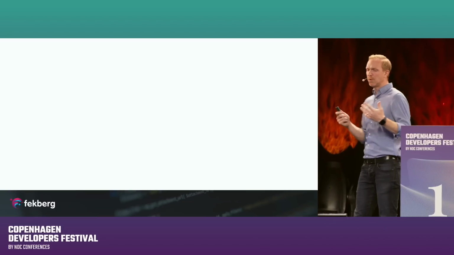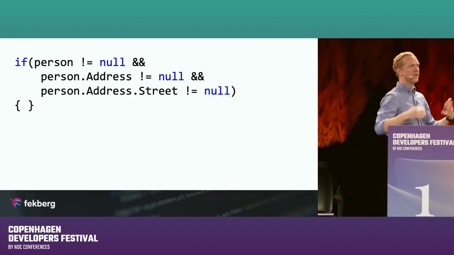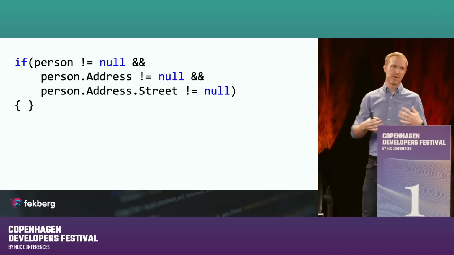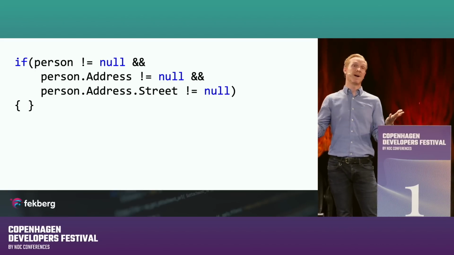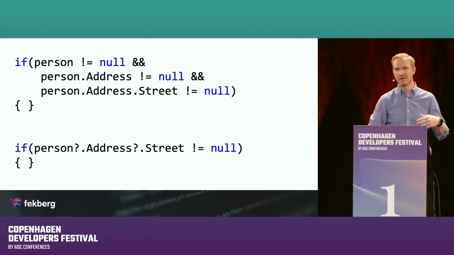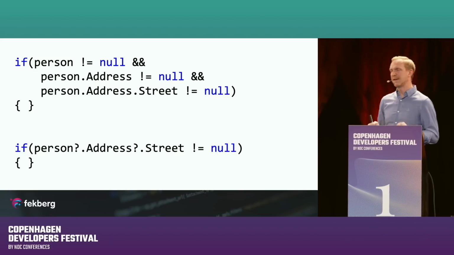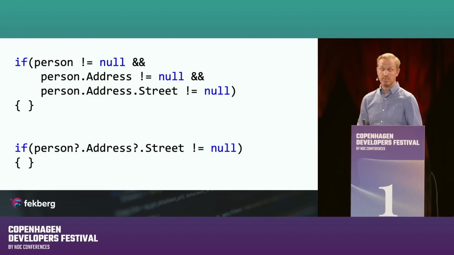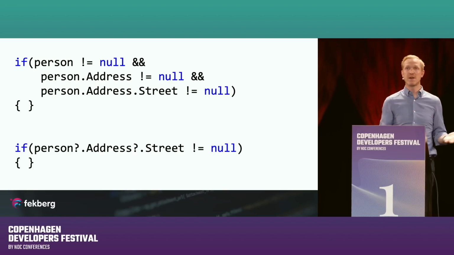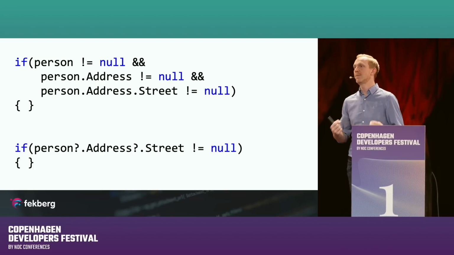So of course, this here isn't a big problem. I can null check. I can have a lot of code like this here. And someone in here much smarter than myself is going to tell me that I can write this a little bit prettier. Sure enough, I can use the null conditional operator and write this a little bit better. But what if I can indicate to the compiler that I promise that person, address, and street will never be null? At least that's my assumption.